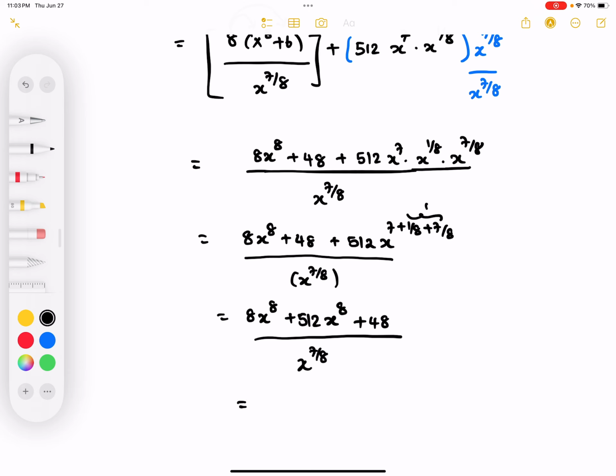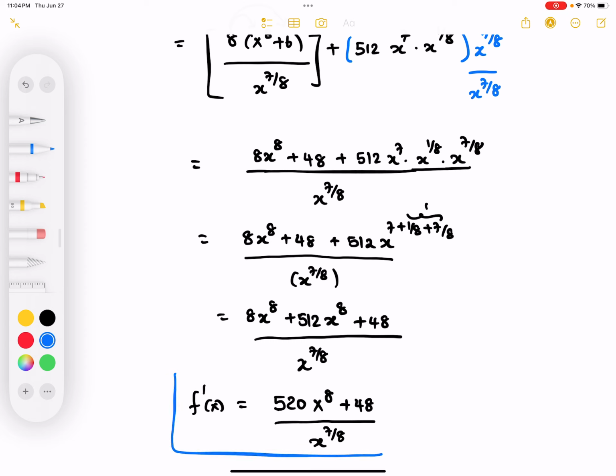Now they are like terms, so it is 520x^8 plus 48 divided by x^(7/8). This is the derivative of the given function. I just wrote everything in positive exponent form.